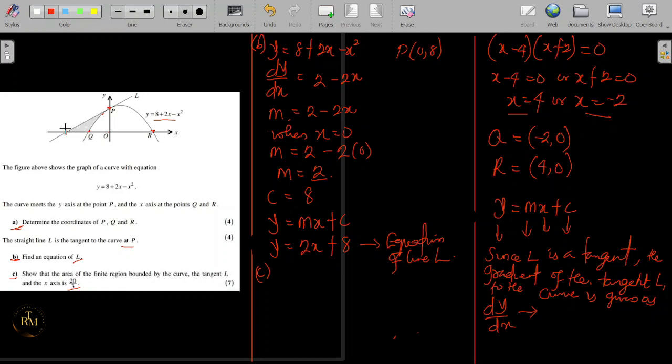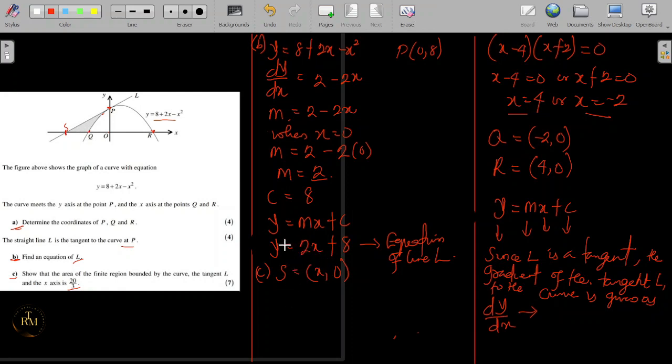This particular point of intersection on the straight line is going to have an x value, but the y value is going to be 0. So for this point, let me call it S. The S coordinates are going to be a value for x, and the y value is going to be 0 because it's an x-intercept.